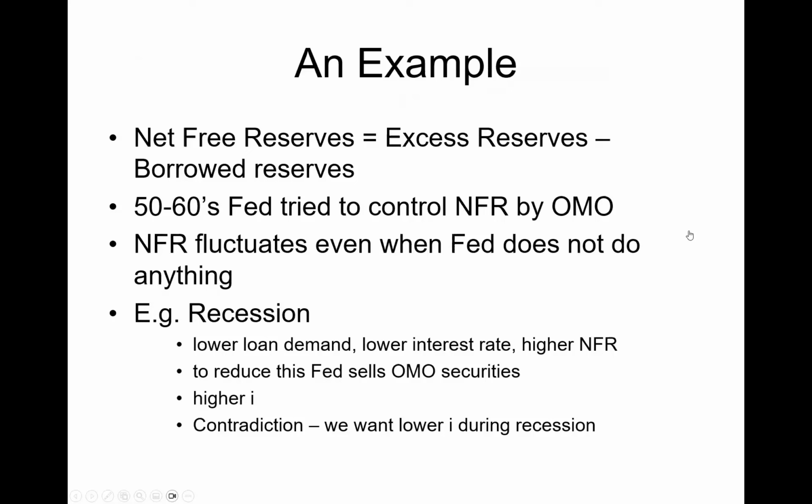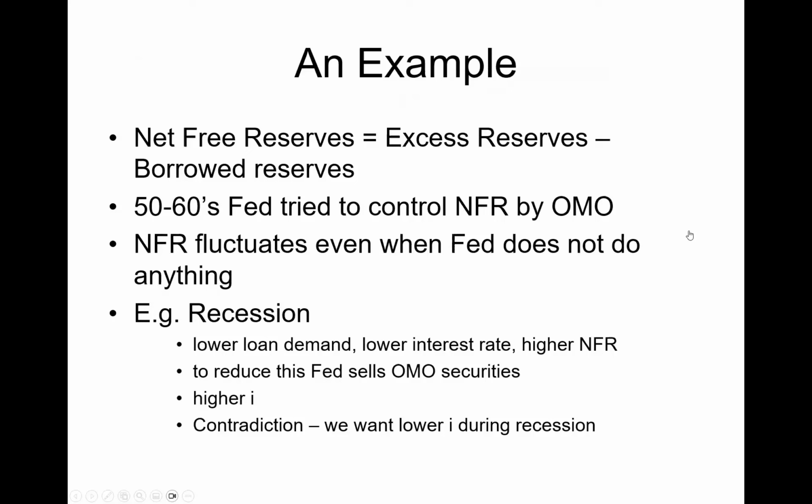So if the banks had too much money, the Fed would probably do a sale and take the money away from these commercial banks. So the NFR is a problematic thing because it keeps fluctuating even when the Fed does not do anything. And so controllability and measurability are two important factors of a good determinant of monetary policy.